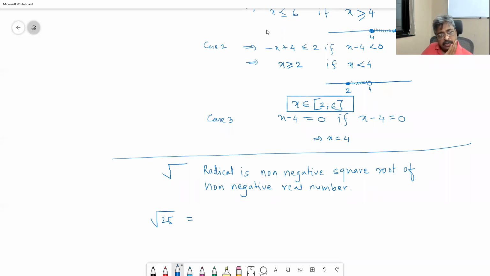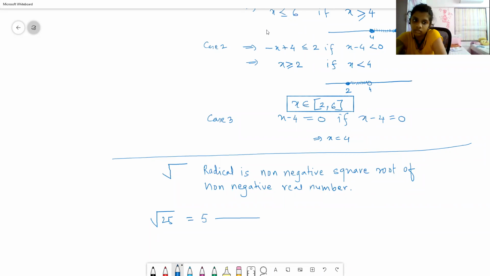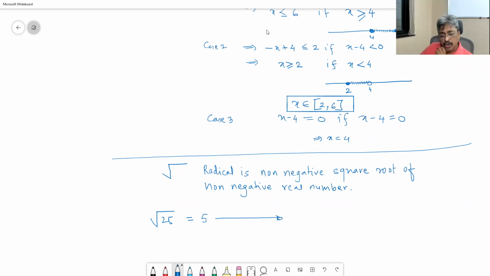Can you tell me what is root 25? 5. But so far in our life, we have been saying root 25 is equal to plus or minus 5. Yes or no?